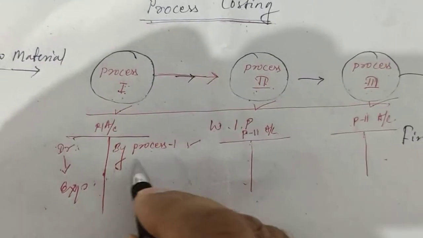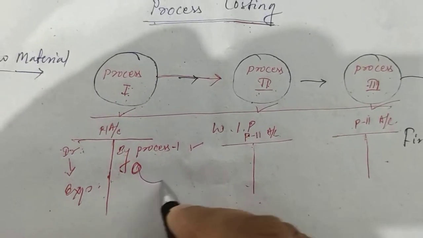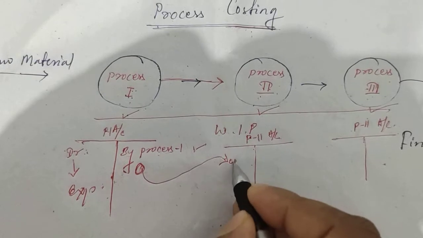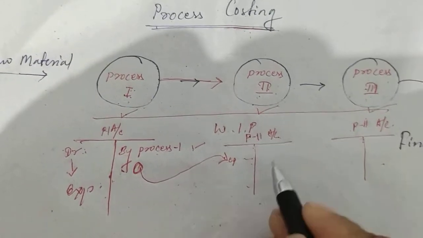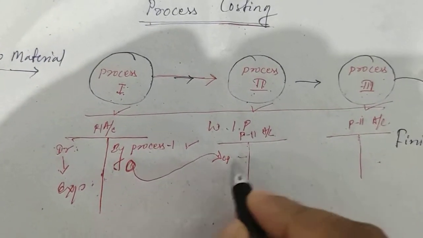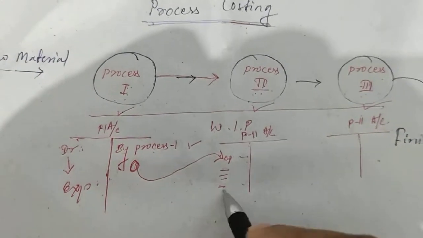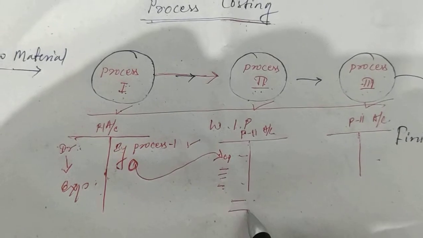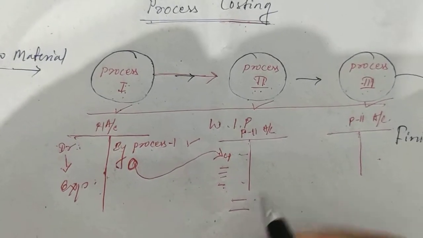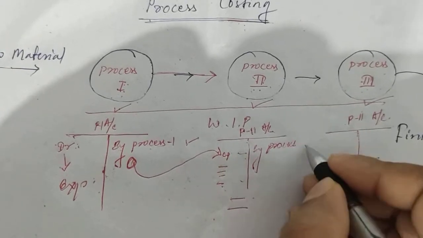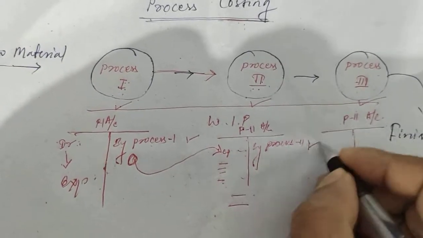Similarly, that cost should be the input for the process 2 account. It is the opening stock of process 2. Okay. Then the expenditure incurred in process 2, you add here, and determine the total amount, and that should be by process 2 cost. Okay, you put that here.